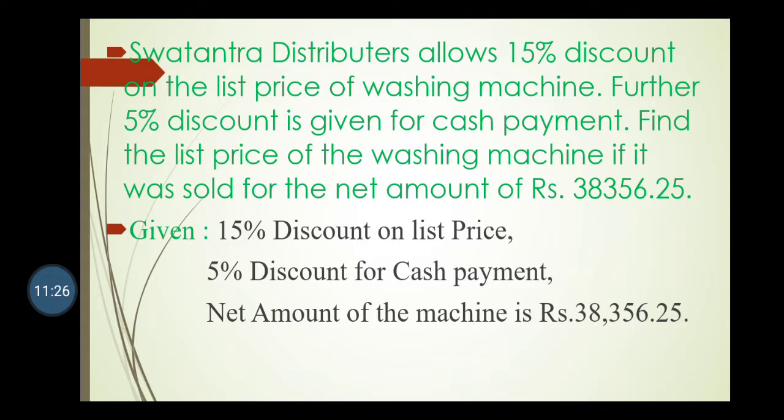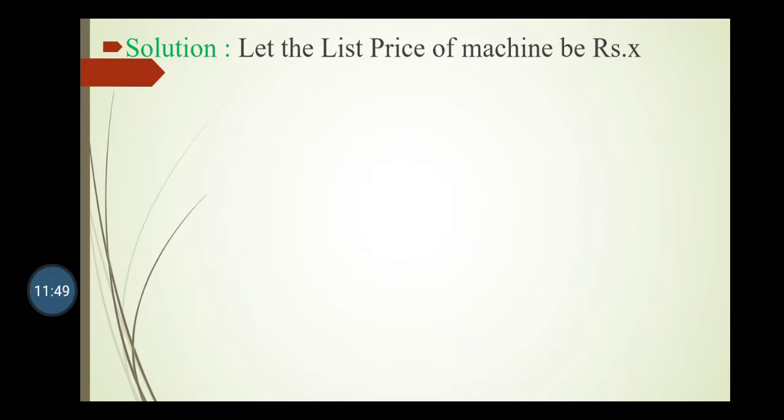Means after deducting these two discounts, we have to pay rupees 38,356.25. So we have to find the list price of the machine.